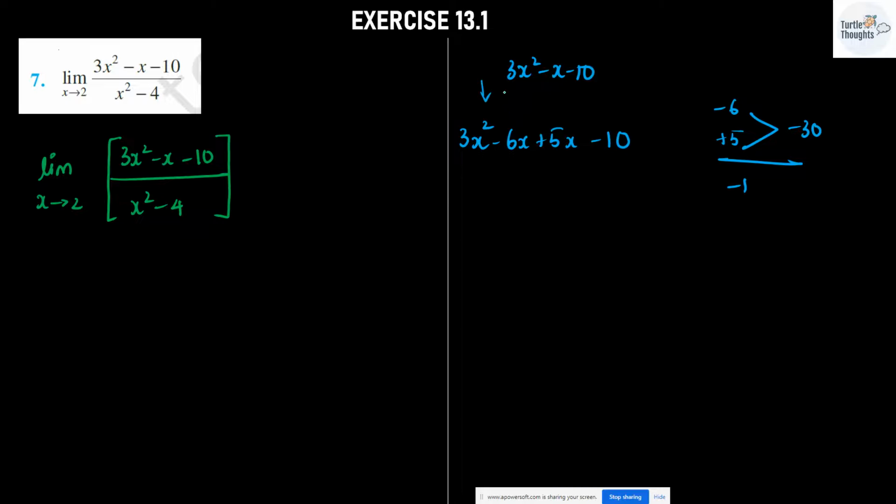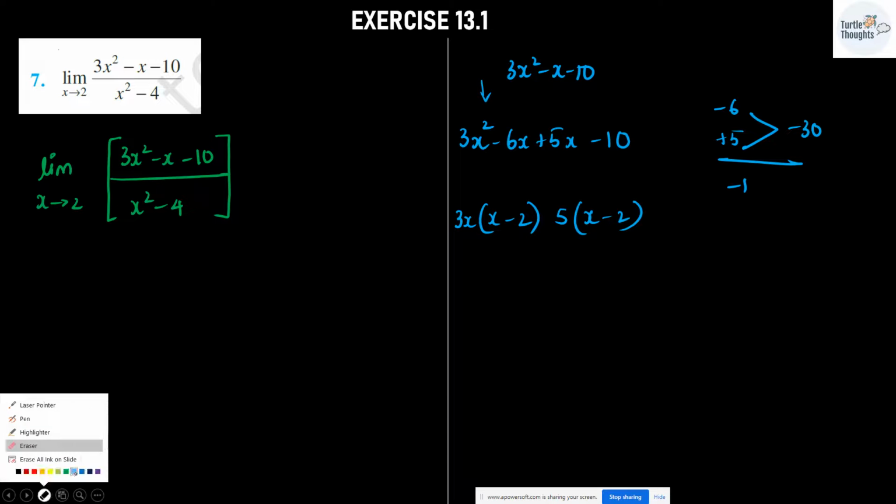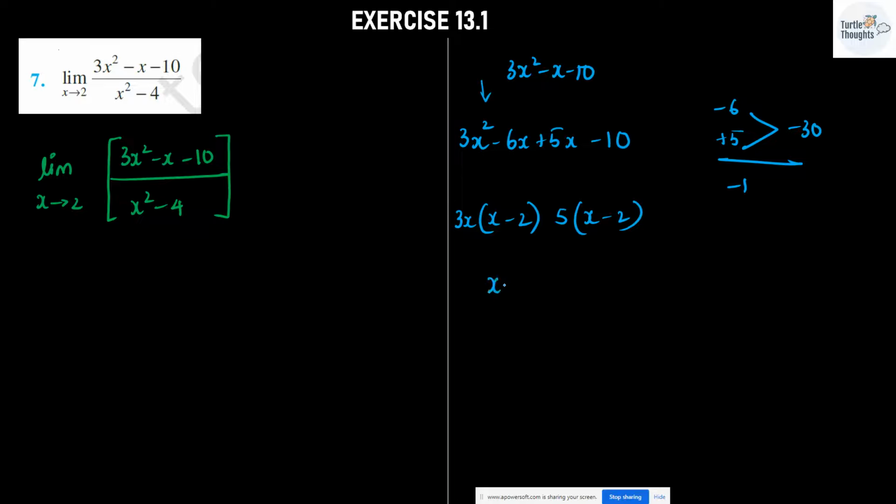We are just solving the quadratic equation. Now I can take 3x common, so x minus 2 over here, x minus 2 over here, it is going to be 5. So I can write this as x minus 2 multiplied by 3x plus 5.